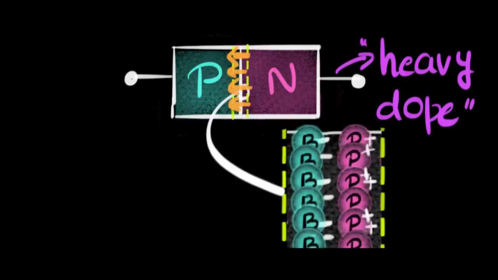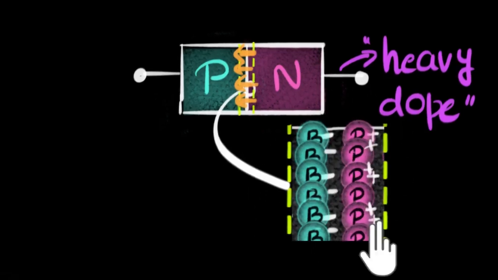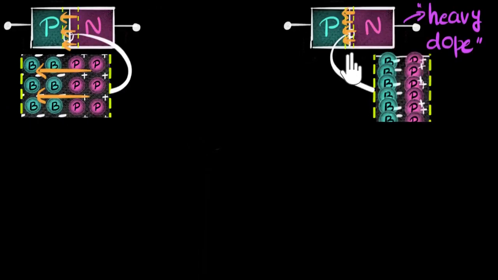What we will see is that because there are so many dopants, so many impurities, you'll find more of these ions per centimeter cube. And if there are more ions per centimeter cube, I'm pretty sure you can agree with me that there will be a stronger electric field, right? So the electric field over here is very strong, much stronger than what we have over here.